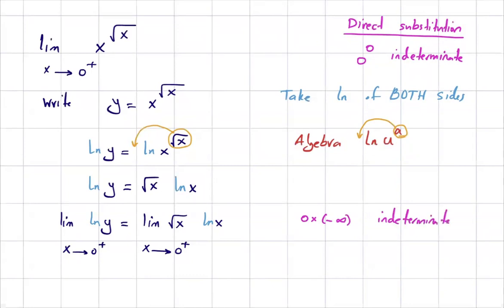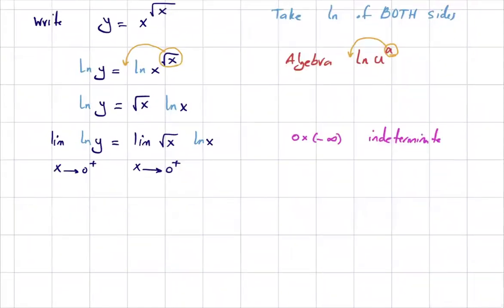Remember the behavior of ln of x. For ln of x, the graph behaves like this.